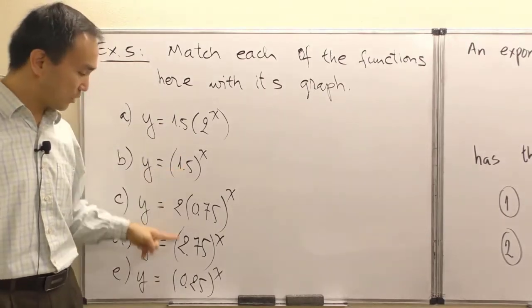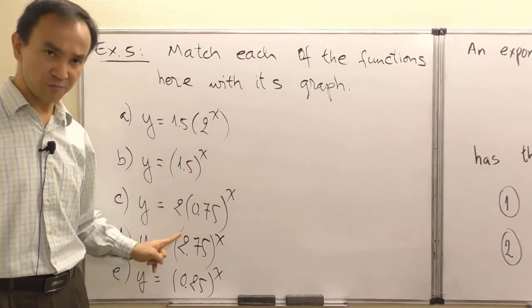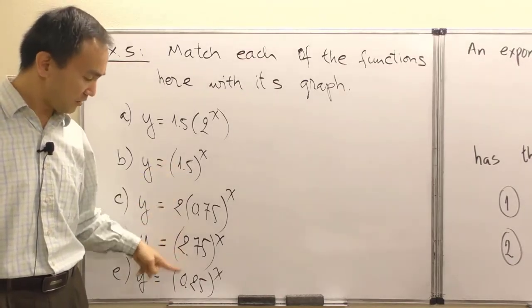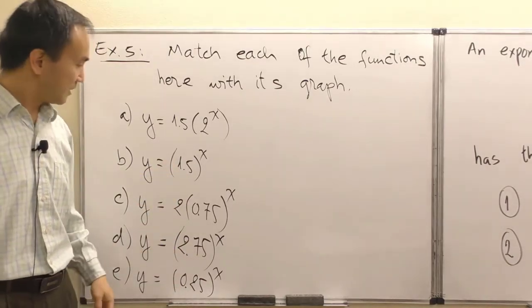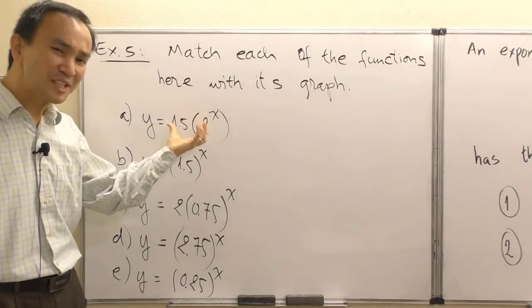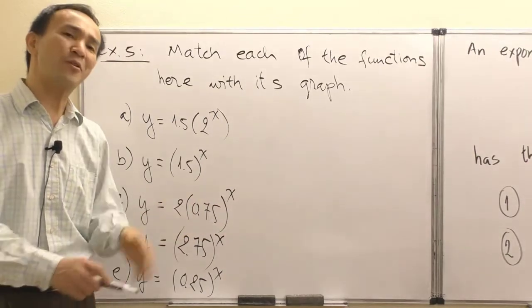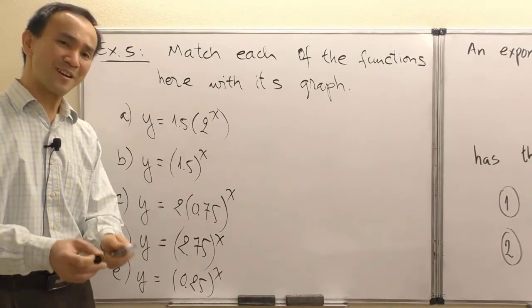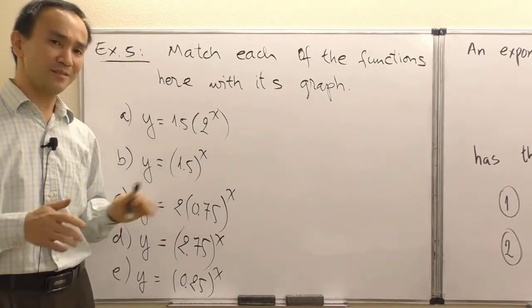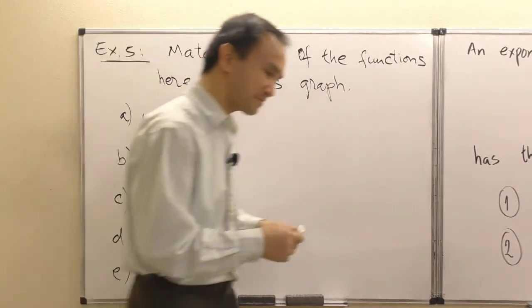So these are just the ordinary exponential function with some base above 1 or some base less than 1. And these are exponential functions in the form of c times a to the x that I introduced right before getting into this example. All right, so now let's put on the graphs. I'm going to now show the graphs.